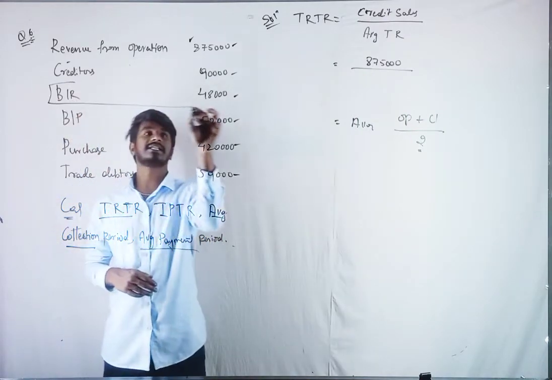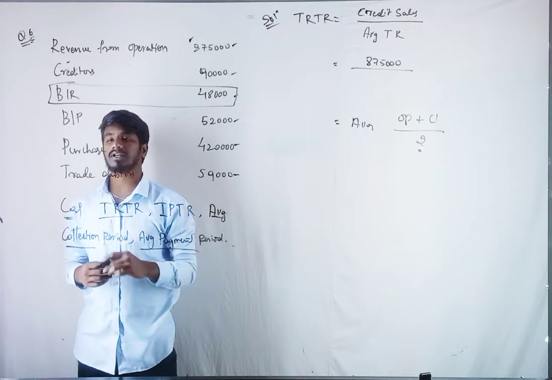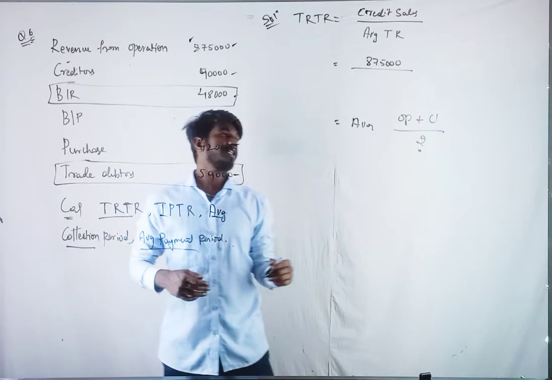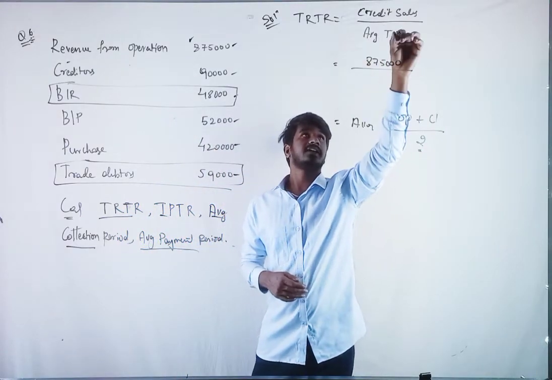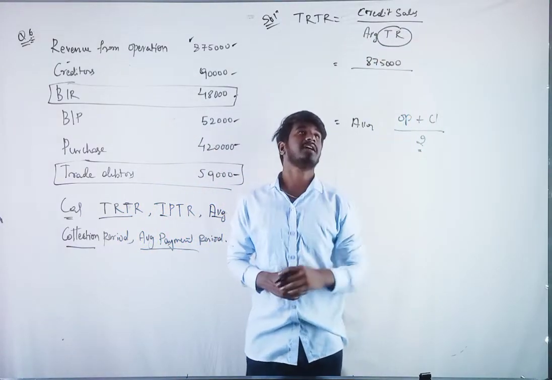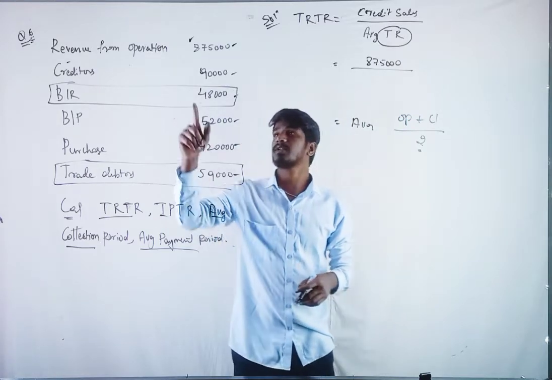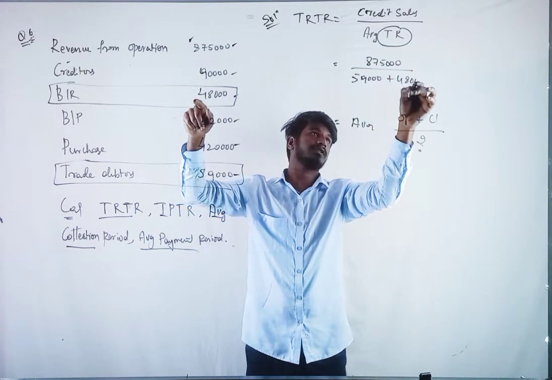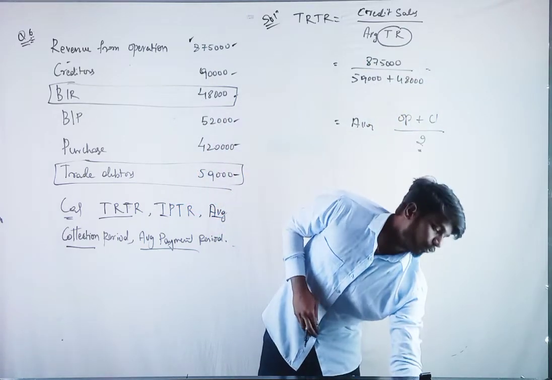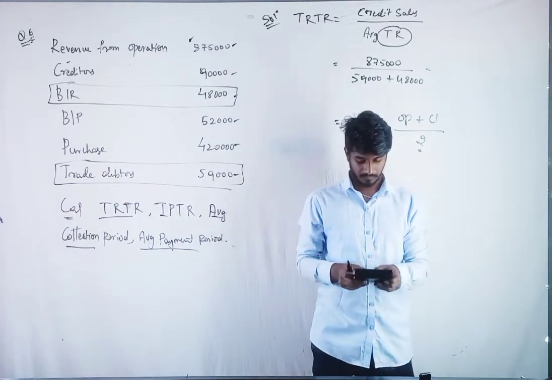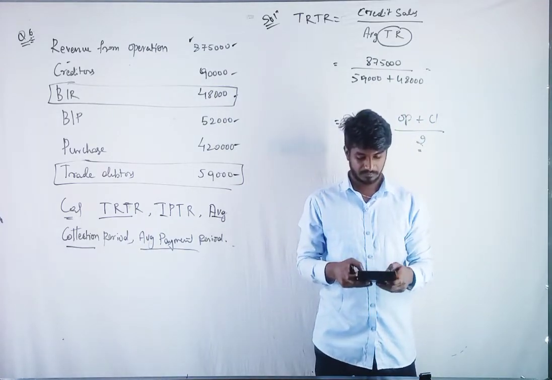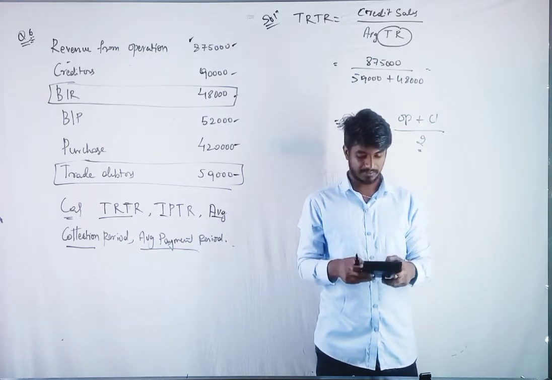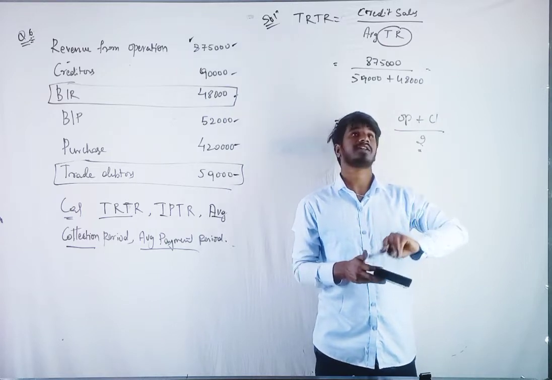So we will consider bills receivable 48,000 and trade debtors, that becomes your trade receivable. 59,000 plus 48,000 is 1,07,000. 8,75,000 divided by 1,07,000 is 8.17.